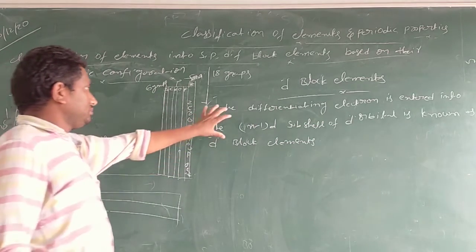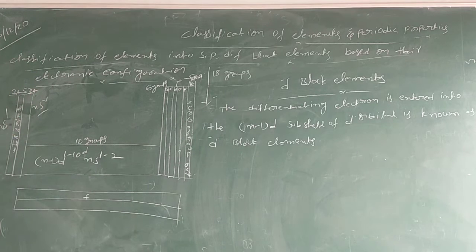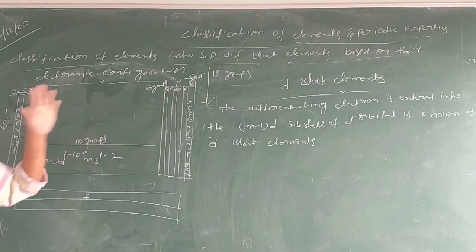The D block elements are situated in between S and P block elements.